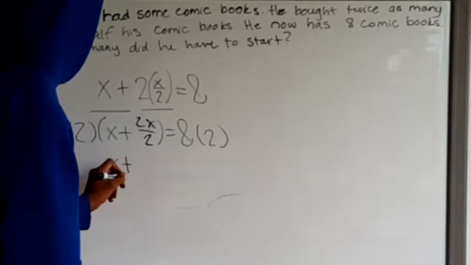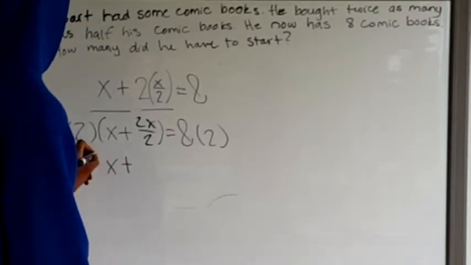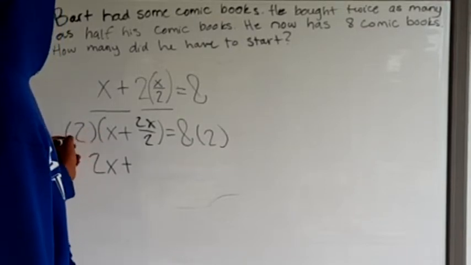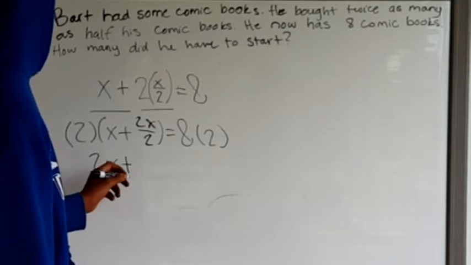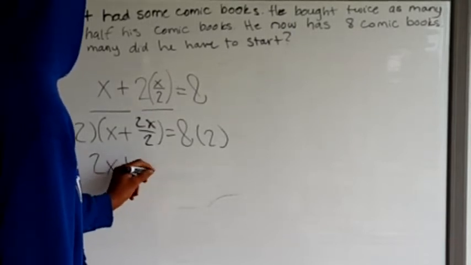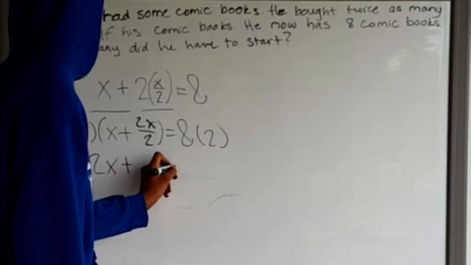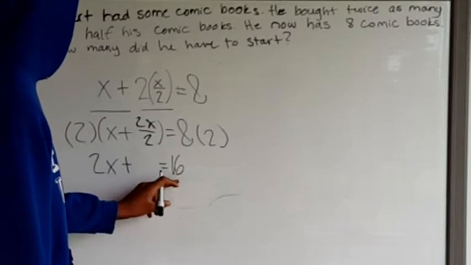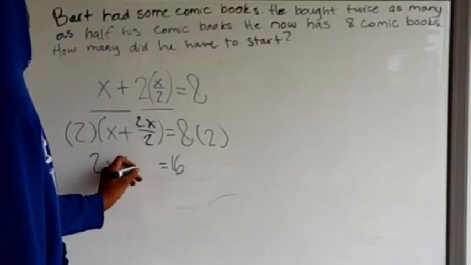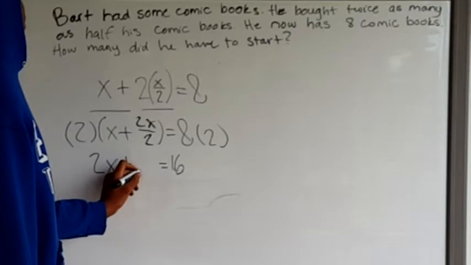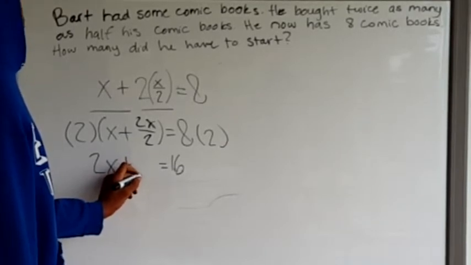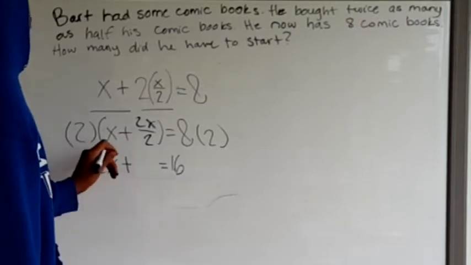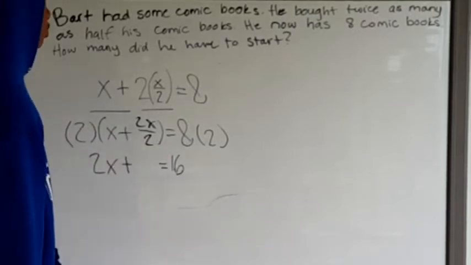How are you getting x? Pay attention to what you're doing. Cancel out those two. Or cancel out. No. 2 times 2, cancel out.